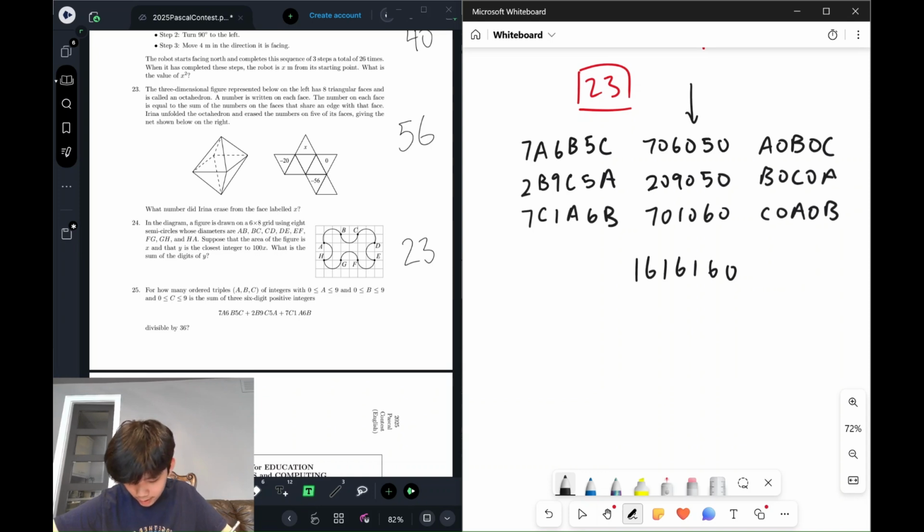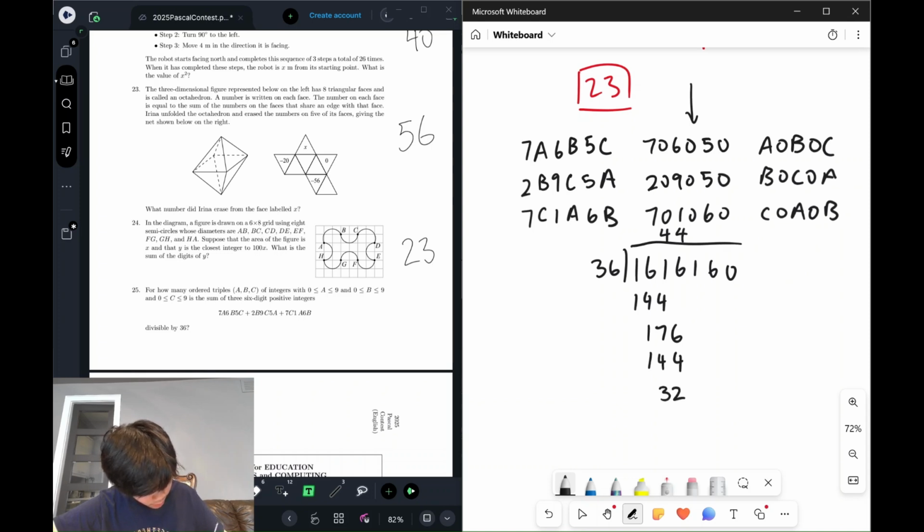Now we want the remainder when this is divided by 36, so let's do that. 36 goes 4 times into this is 144, 7, 17, 6, 4 times again, 144, 32, 321.